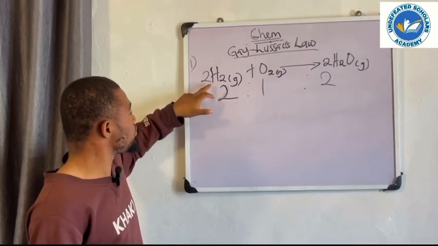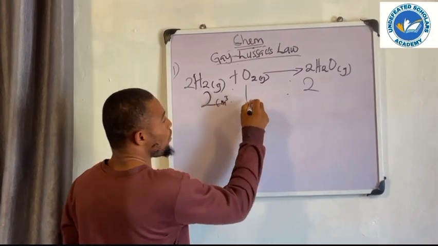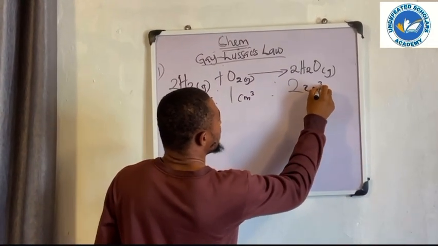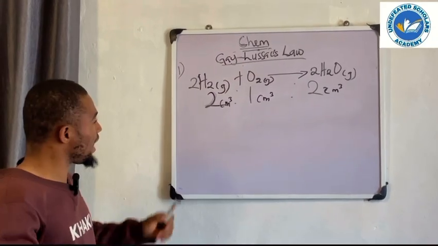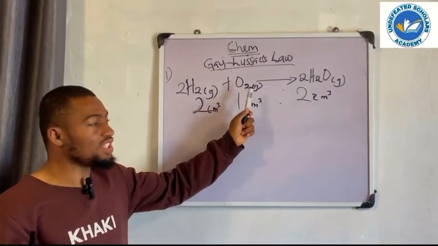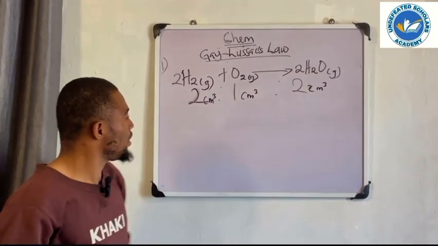So as it is 2 molecules here, it's going to be 2 cm³ here, 1 cm³ here, 2 cm³ here. In turn, we can now say that 2 cm³ of hydrogen gas reacted with 1 cm³ of oxygen gas to give 2 cm³ of water vapor, steam.